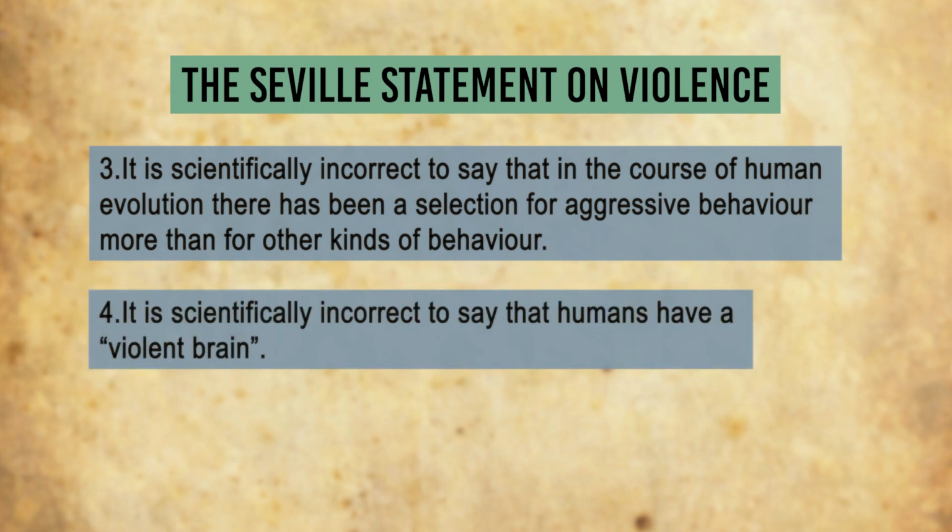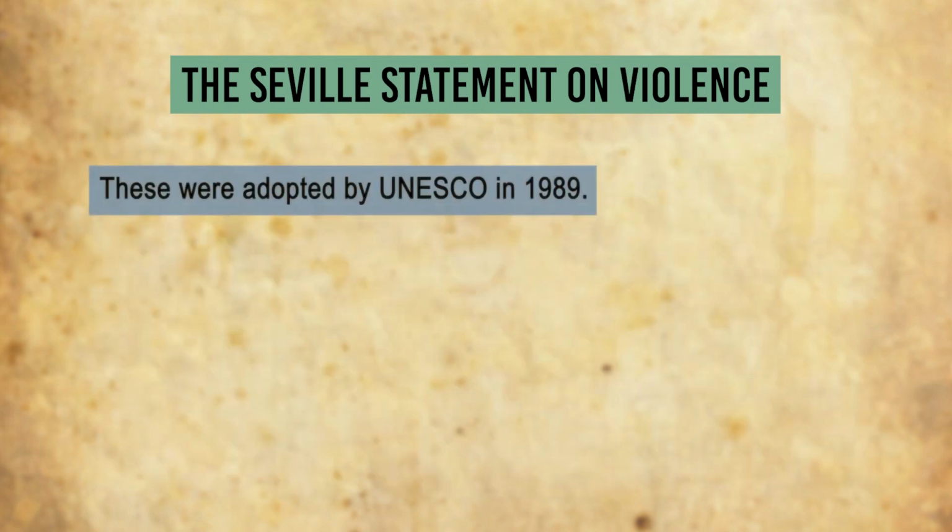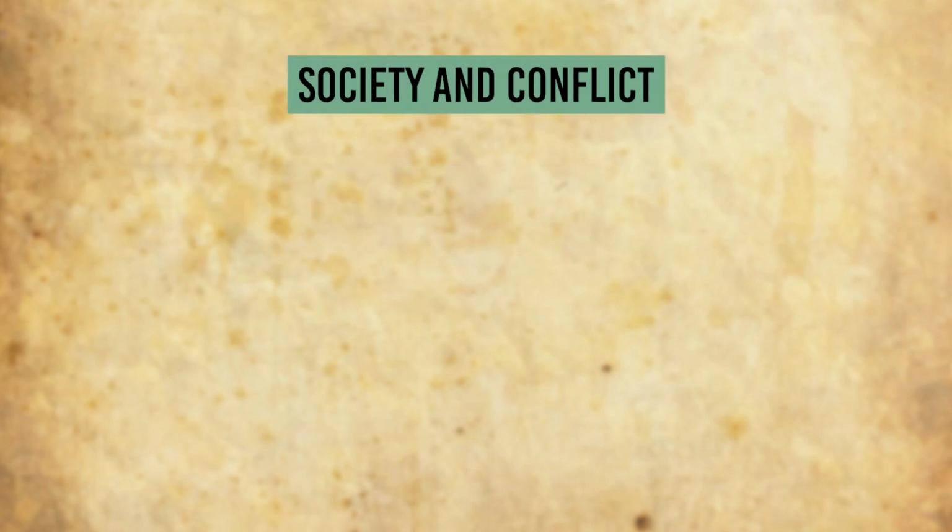Next, it is scientifically incorrect also to say that humans have a violent brain. Next, it is scientifically also incorrect to say that war is caused by instinct or any single motivation. And these were adopted by UNESCO in 1989. We now come to the society and conflict kind of theories.